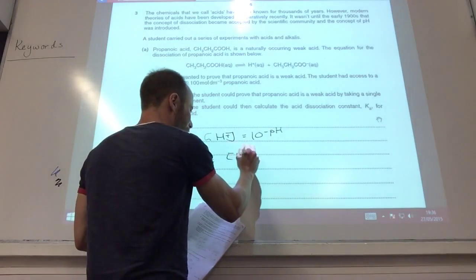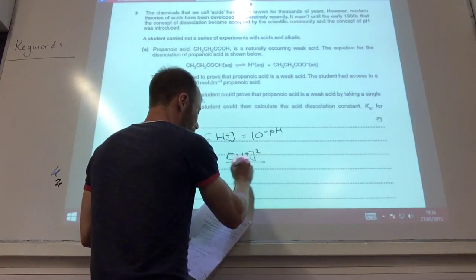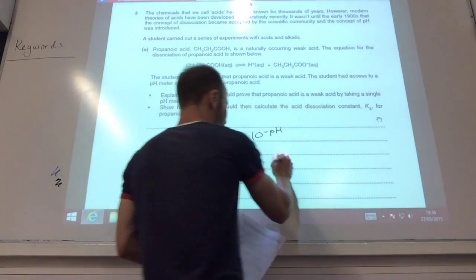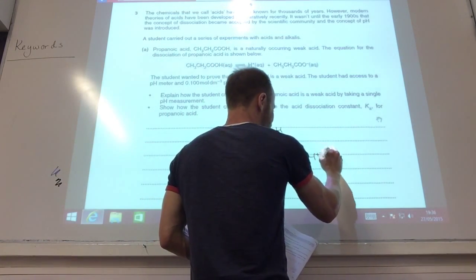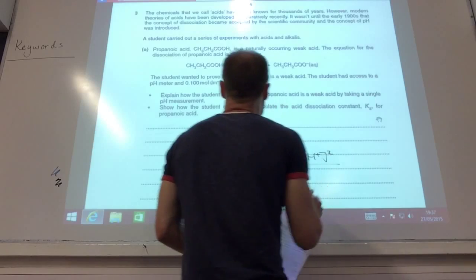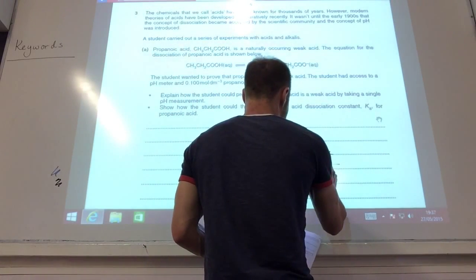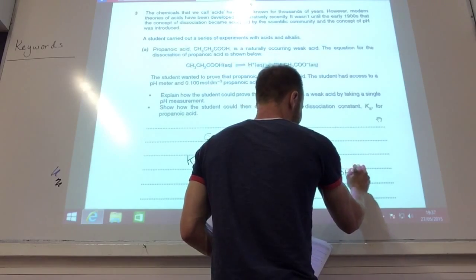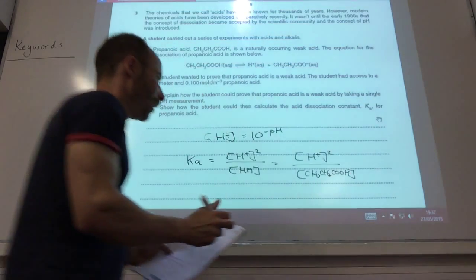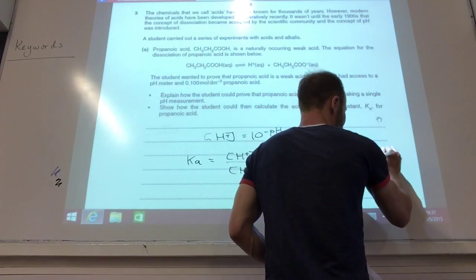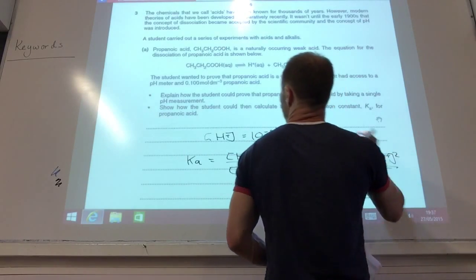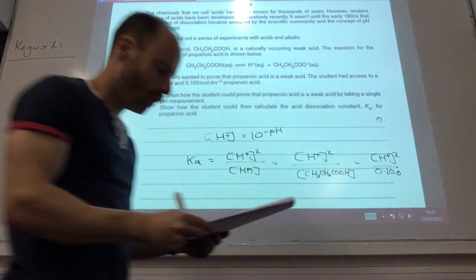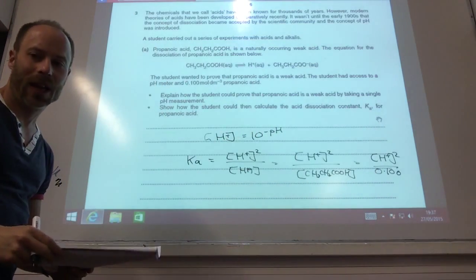Ka then is H plus squared over your concentration of HA, which is H plus squared in this example over the concentration of propanoic acid, like so, or H plus squared over, because they've given it to me, 0.011, and then that would give you Ka.